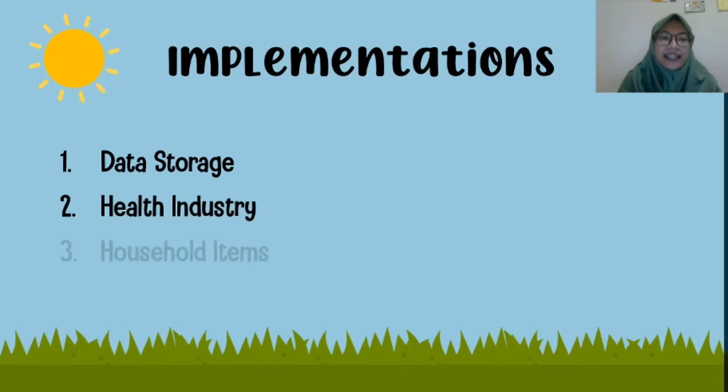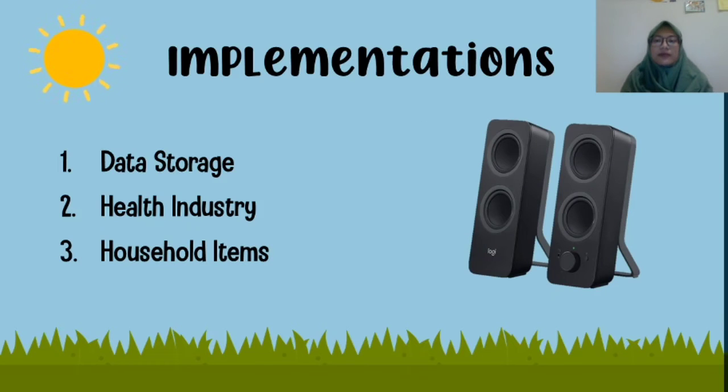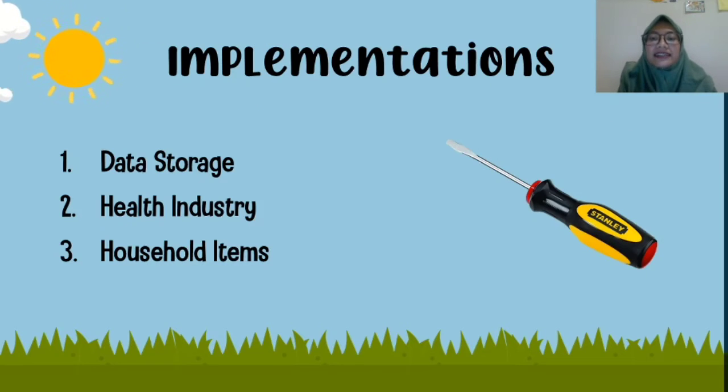And then the next is household items. There are so many tools in our daily life which use magnets, and this is just a few examples of them. The first is the speaker, which uses a magnet. And then the other example is the screwdriver.